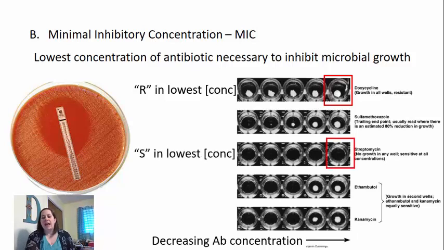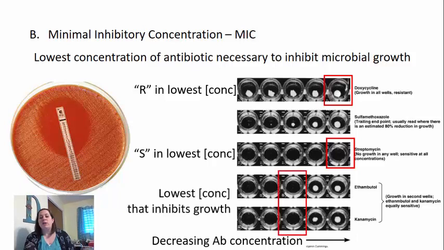We see in this case that this one is susceptible to the antibiotic even in its lowest concentration, because at the lowest concentration we see that there's still no growth present. And then over here we can see that this is the lowest concentration that will inhibit growth. If you go any lower, the bacteria will still grow. This helps us set those standards of those levels for the antibiotics.